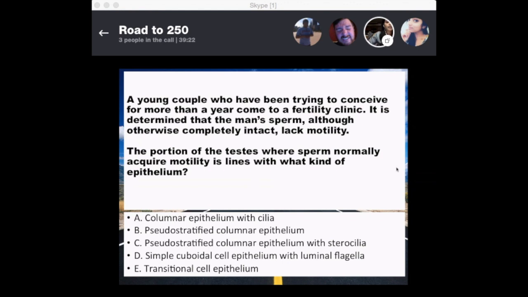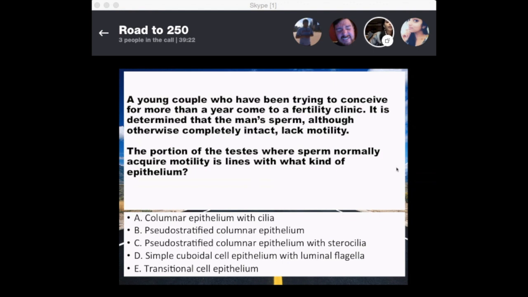So we want to think of sperm and motility as our clues for what type of epithelium is most appropriate. I would go for testes. Cilia, but that's only pseudostratified columnar with stereocilia. Okay, so you're going with C.